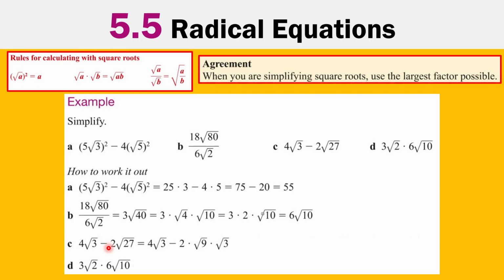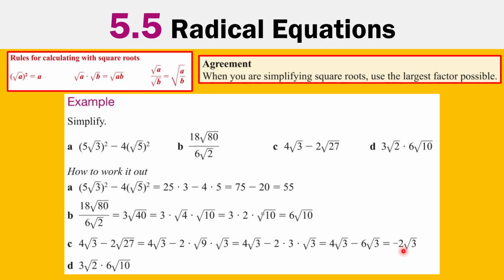So root 27 can be rewritten as root 9 times root 3. Again, root 9 was in that list that I showed you on the previous page. Root 9 is 3, so now I can rewrite it to 4 root 3, which I still had, minus 2 times 3 times root 3. And then you get this, and here I have like roots. So here I can do 4 minus 6 is minus 2 root 3.